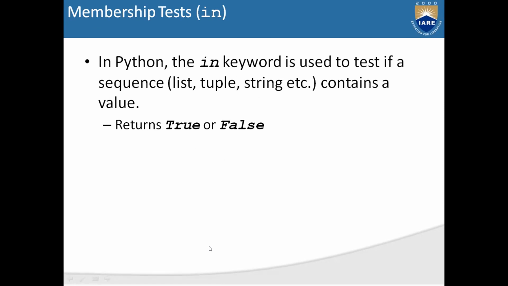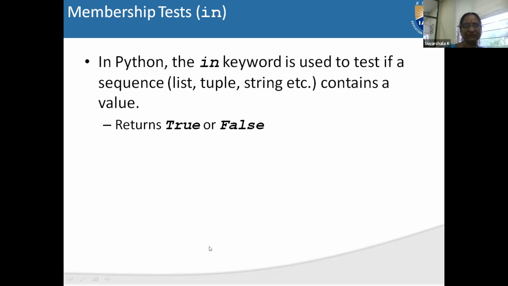So we have done our membership operation, that is, whether an element exists in my list or not. We did it in the first week also. Similar test you can do for any tuple also.